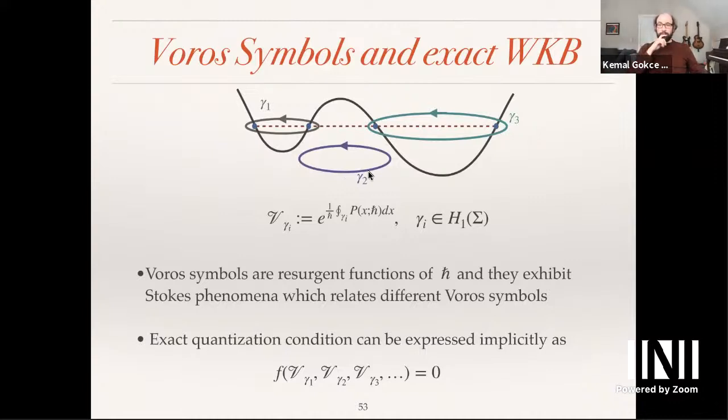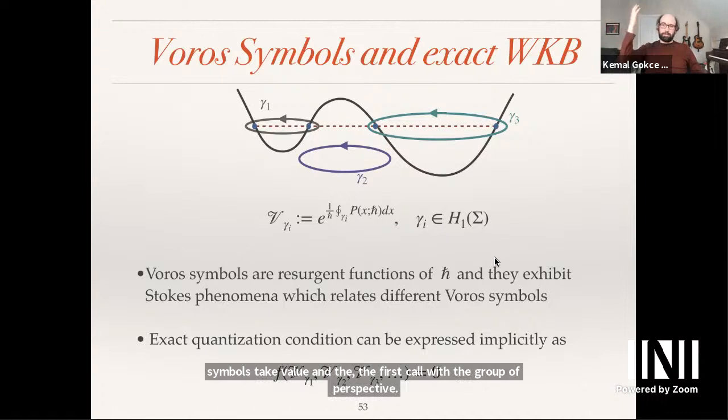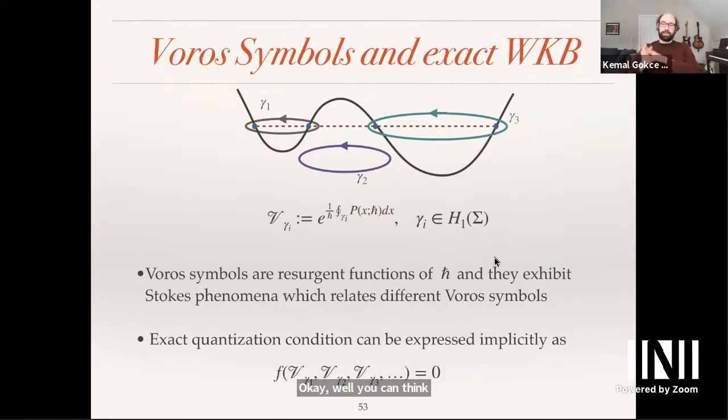It's also important to note that these Borel symbols take values in the first homology group of the spectral curve. So you can think of them as functions of equivalence classes of cycles. They are functions of H bar.